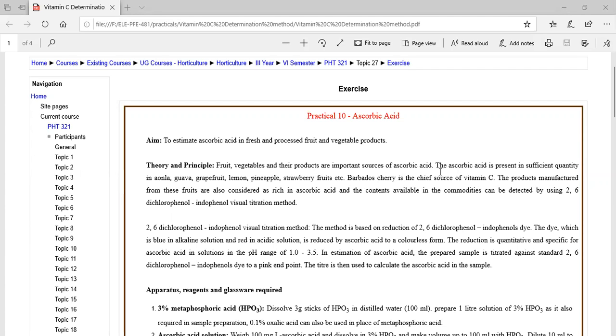Ascorbic acid is present in sufficient quantity in different fruits and vegetables like avla, guava, grapefruits, lemon, pineapple, strawberry, etc. Out of which Barbados cherry is one of the chief sources of vitamin C. Also, avla contains a high amount of vitamin C. The products manufactured from these fruits are also considered rich in ascorbic acid, and the ascorbic acid available in the commodities can be detected by using a chemical, that is, the 2,6-dichlorophenol indophenol visual titration method.